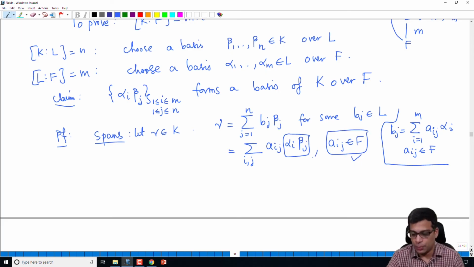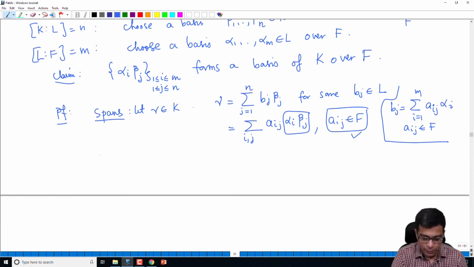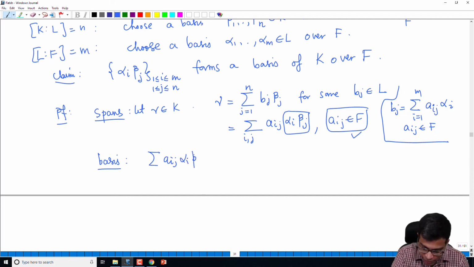These are the supposed basis elements. So we have expressed any arbitrary element as a linear combination of these with coefficients in F. Linear independence is also equally easy. Suppose the sum of a_ij alpha_i beta_j is 0 with a_ij in F, of course.